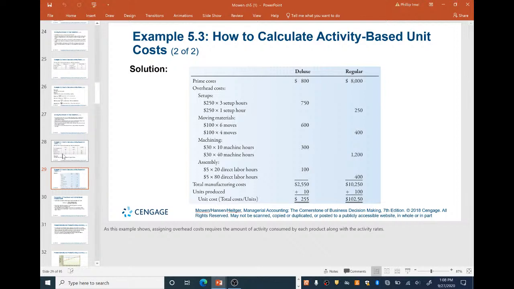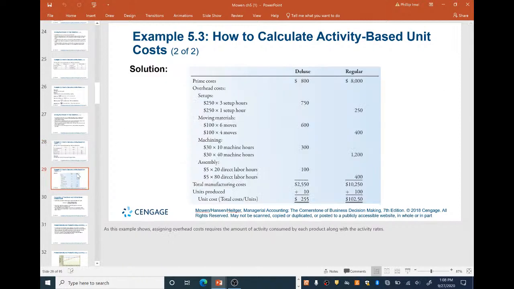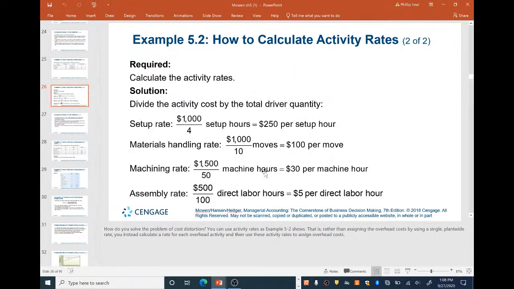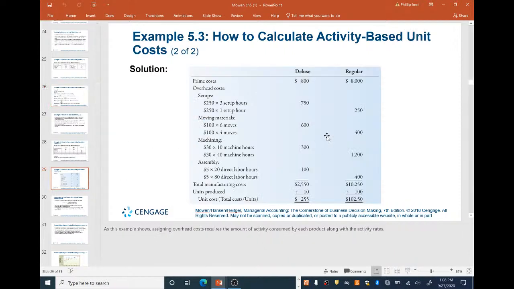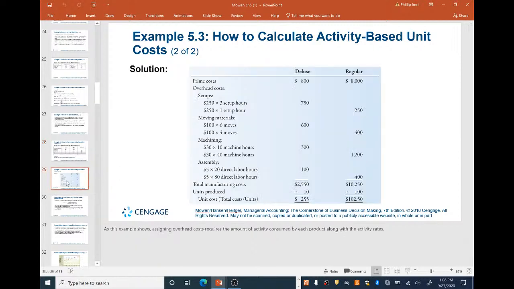Next, moving materials. We've got the number of moves, and 100 is the activity rate. There's your activity rate, which is found right here, the materials handling activity rate. Now the number of moves is based upon each number of moves for each product, 6 and 4 for deluxe and regular respectively.